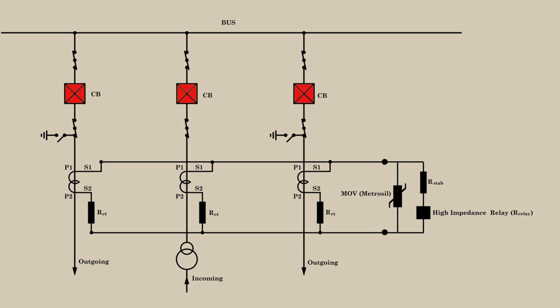To prevent this, once the voltage exceeds the rated level of the Metrosil, it provides a parallel low impedance path. The excess spill current bypasses the relay through the Metrosil, thus protecting the relay from damage.